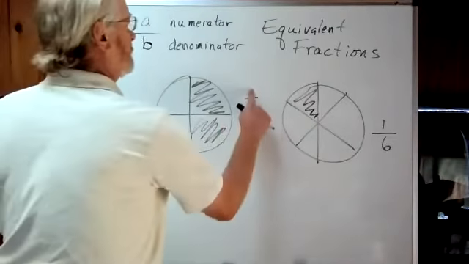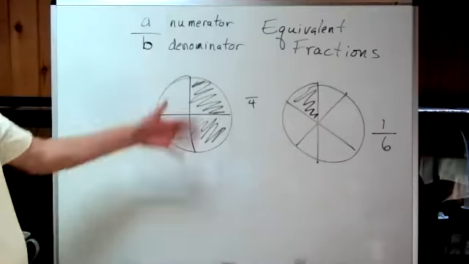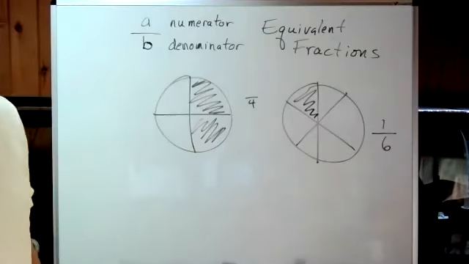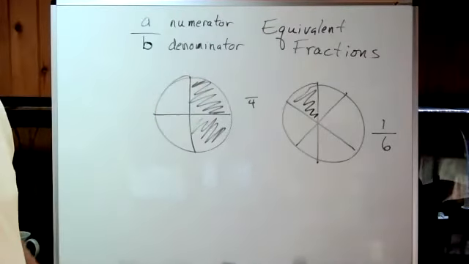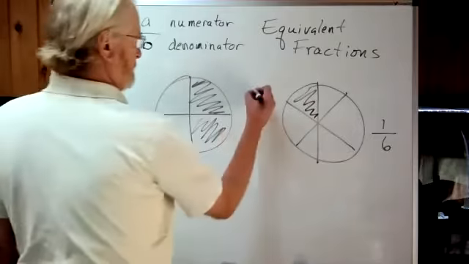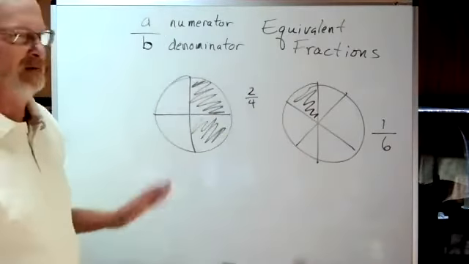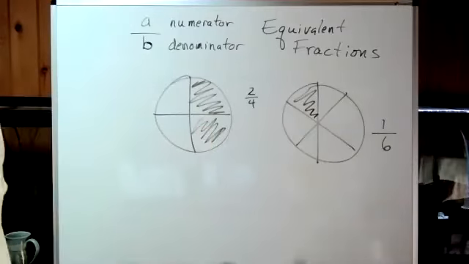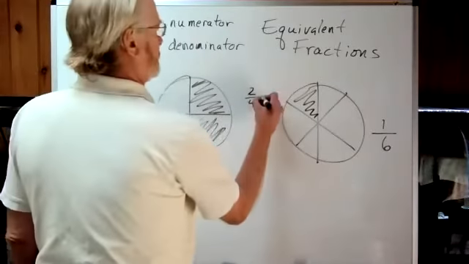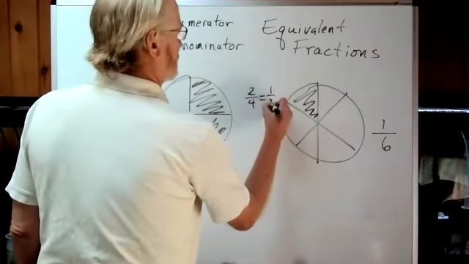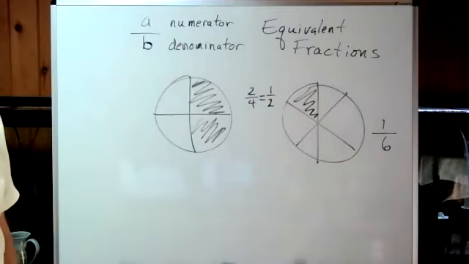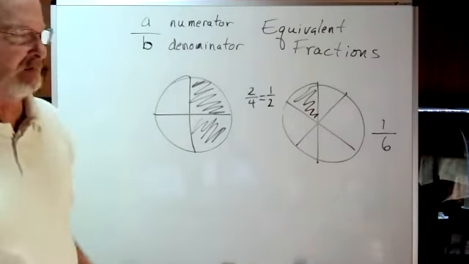So here, I still have my circle cut into fourths, and I've identified 2 of those fourths. But we also can visually see that's the same as half of that circle. Somehow 2/4 and 1/2 are equal to each other, and we'll get into the detail real quickly here.